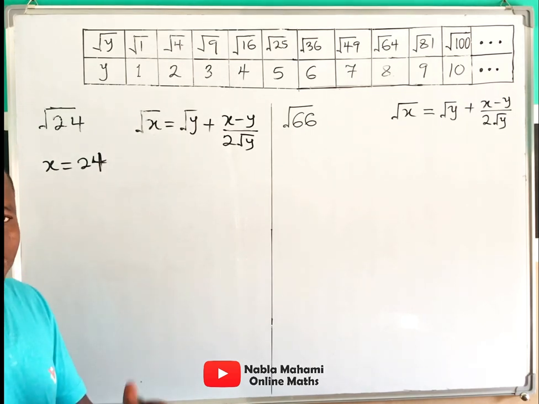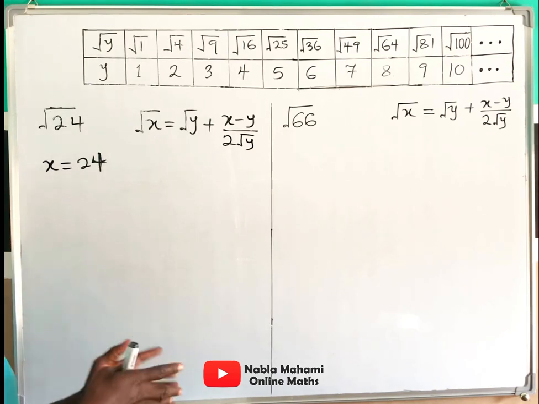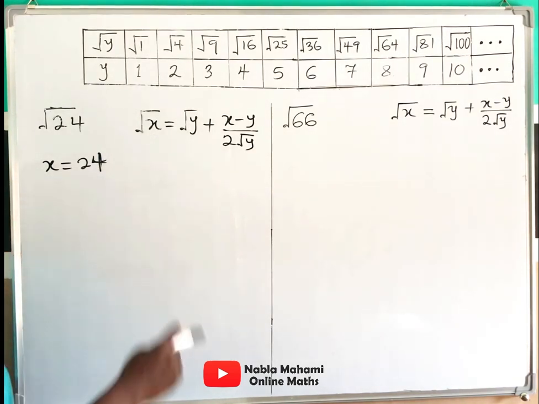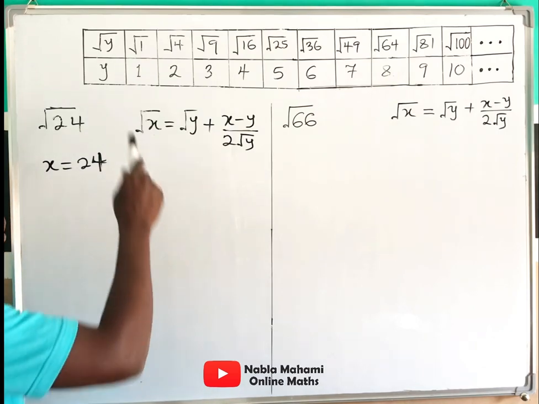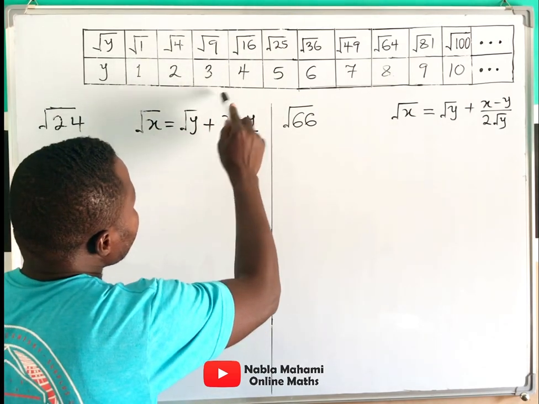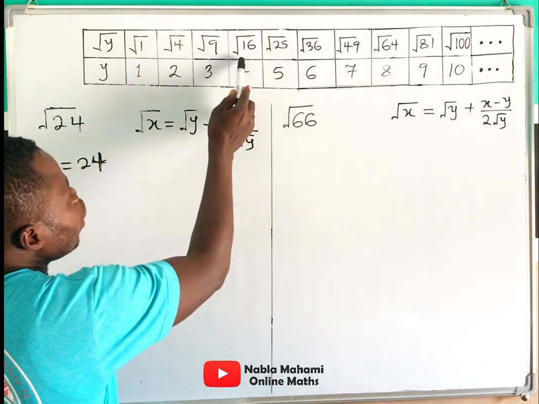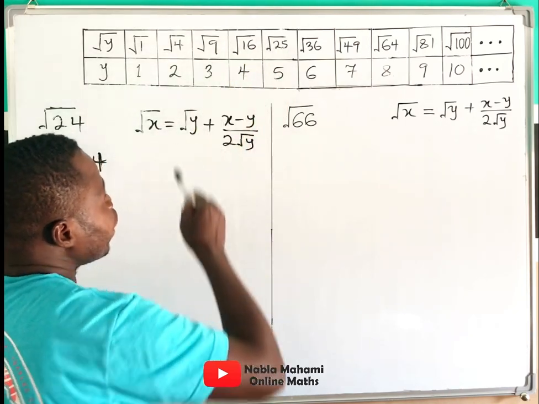Now, how can you find your y value? The y value is the square number that 24 will lie between. And you can see that inside the table, 24 will lie between 16 and 25.